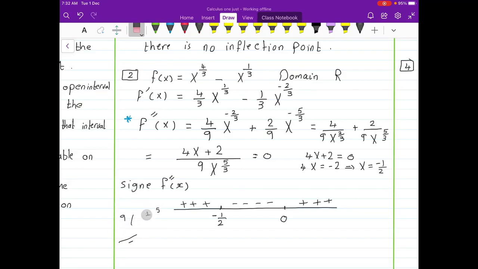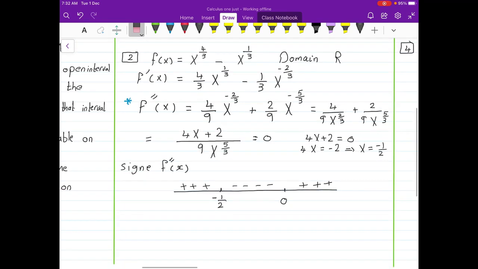Now, the function f(x) is concave up, and note that in concavity the intervals are always open. Notice the sign is positive, so it is concave up on these intervals and concave down on the interval (-1/2, 0).